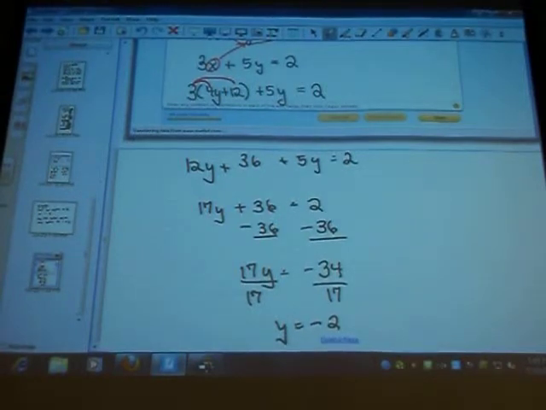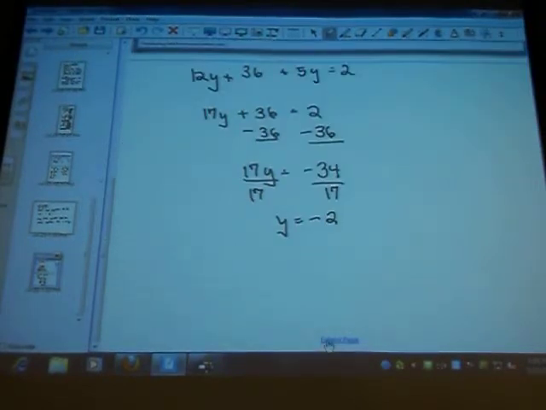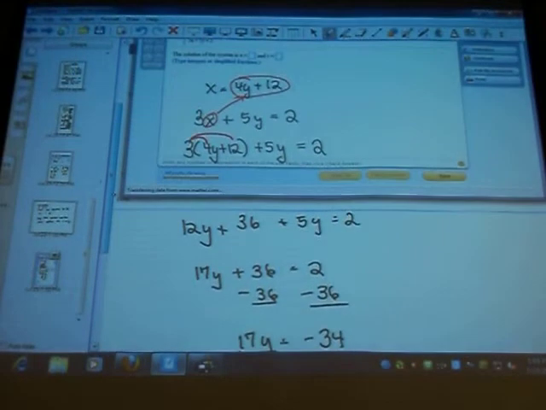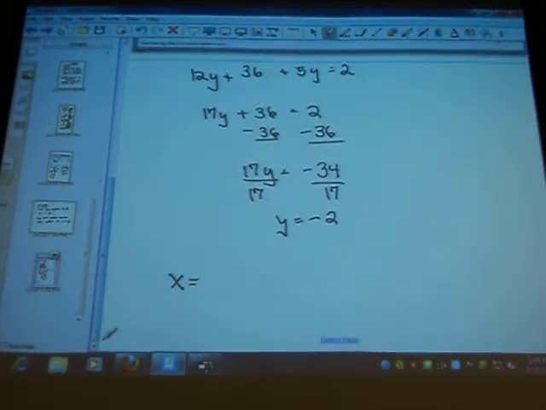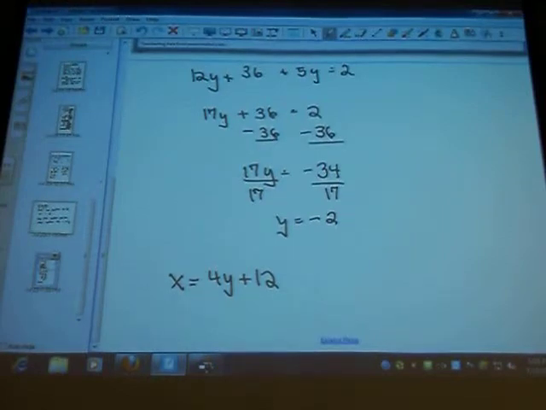Okay, now I'm only halfway done because I need an x and a y. To get my x value, I want to go back to that thing that they told me, the first equation, x equals 4y plus 12. Now if I know what y is, I can just plug in y, and it will give me my x value.